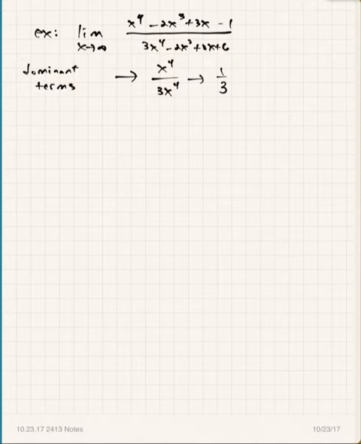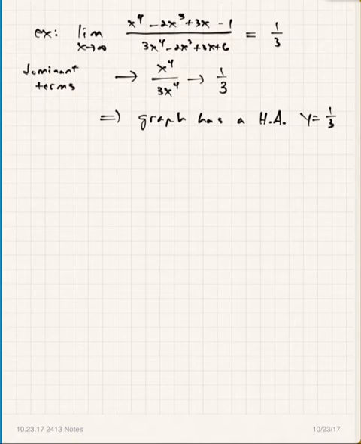So the value of this limit is 1/3. And what this shows is that this graph has a horizontal asymptote at y equals 1/3. Remember, these limits at infinity, if they exist, are indicating that you have a horizontal asymptote on the graph.